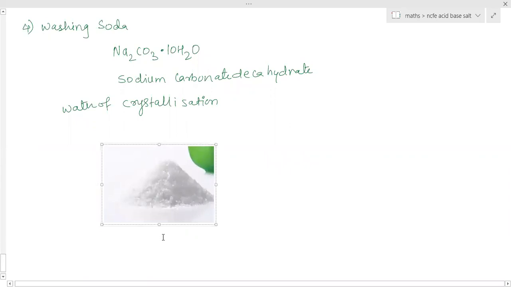This crystalline form is due to the presence of the water molecules, and it is dry. From the outside, we cannot say that it has water molecules. It is not a wet salt, it is a dry salt. But for converting into crystal form, the binding of water molecules with the sodium carbonate is necessary. Otherwise, it will remain in the powdered form.